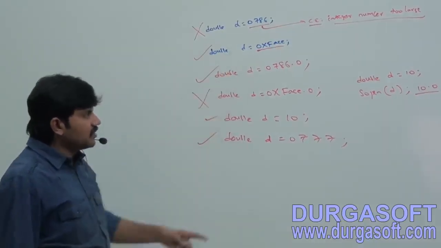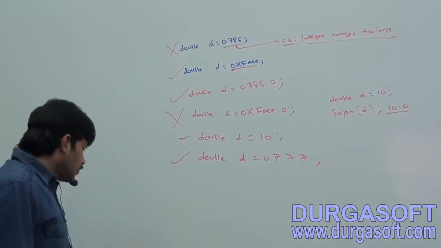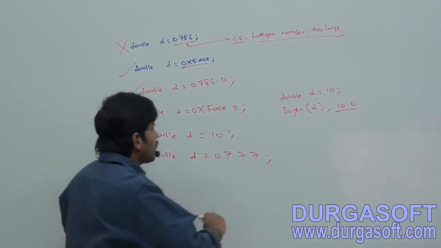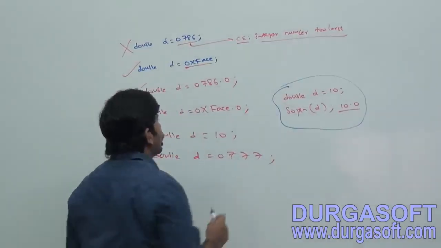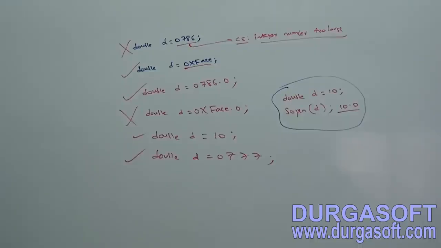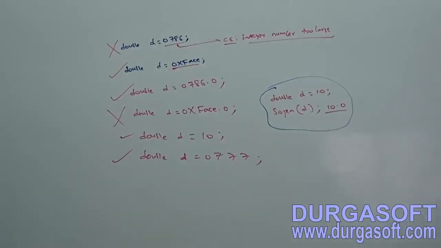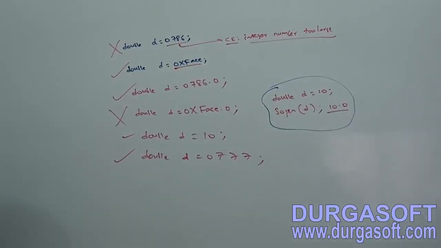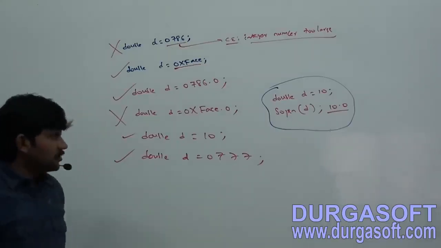Okay, take all these examples and make sure you people are aware. Take all: double d is equal to 0786. double d is equal to 0xface. double d is equal to 0786.0.